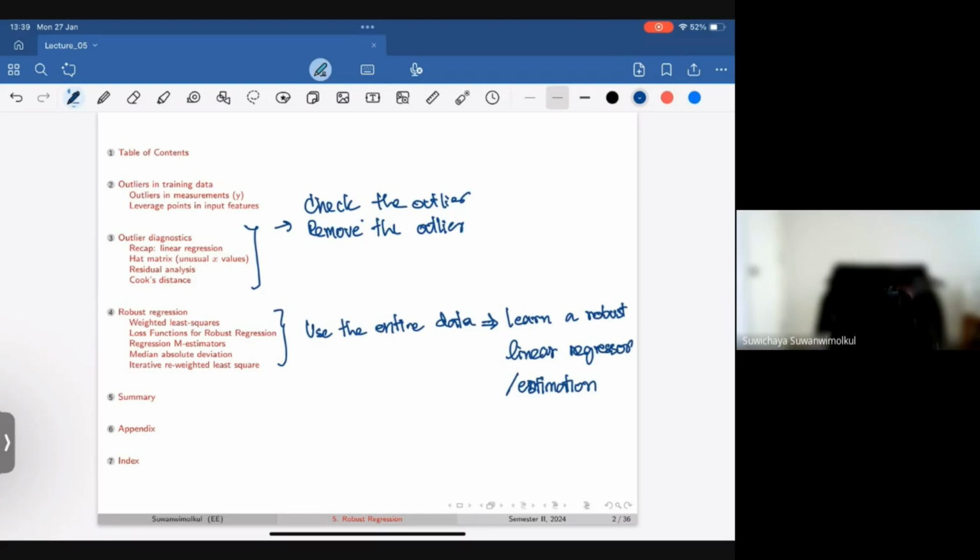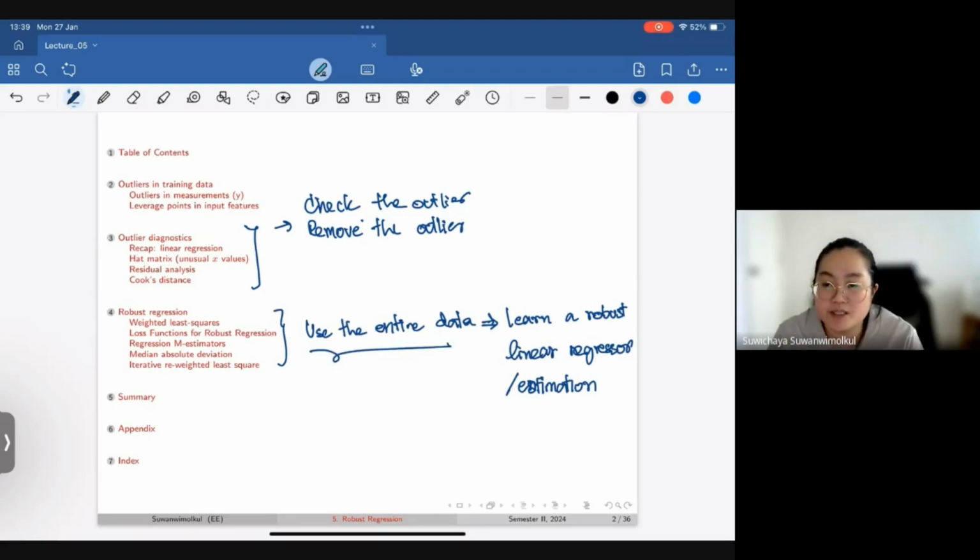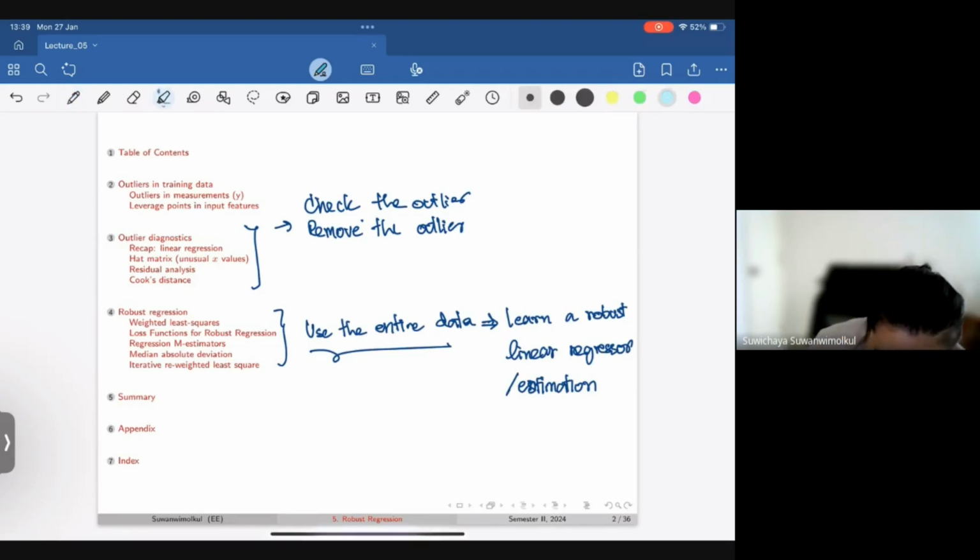So the second one is more about how we can make the machine learning more robust given all the data. But yes, some of these techniques, such as the first and the last one, will not only try to come up with a more robust regression, but also try to remove the outliers.